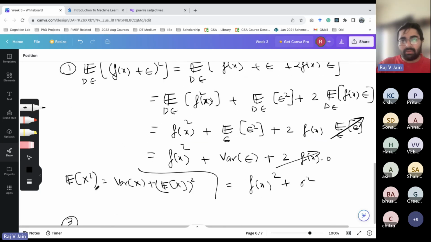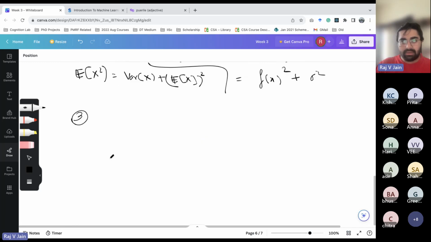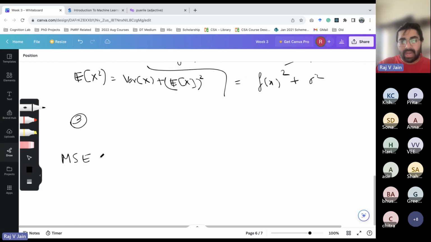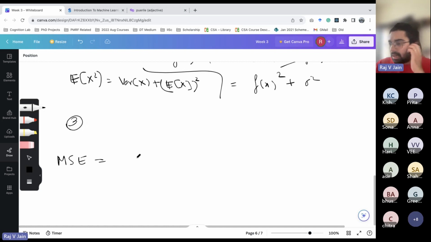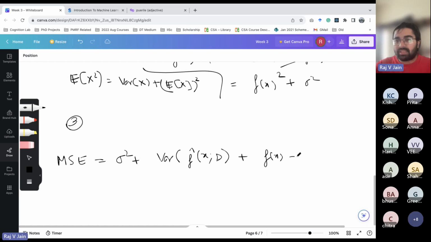Okay, and then the idea is that this MSE, whatever MSE we were trying to calculate, turns out to be something in this form. Let me just get the final form for you. Sigma squared plus variance of f hat of x, D, plus f of x minus f hat of x, D, this square.